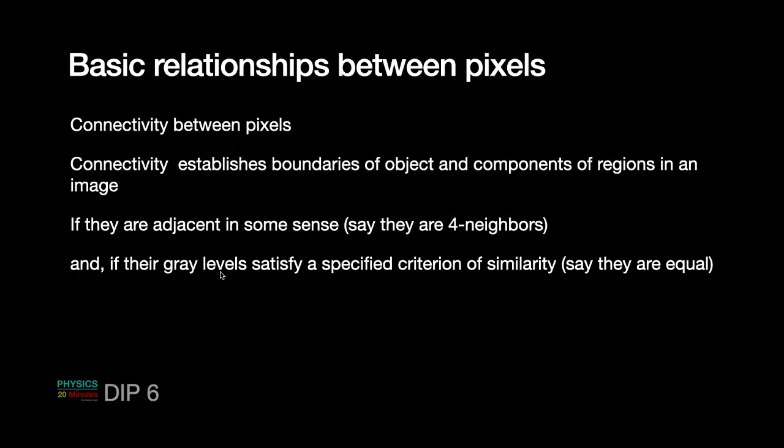That means you would like to figure out two pixels which are adjacent to each other, but they should have the same brightness level, they are equal. So there we will say that they are connected. That means they are the part of the same subset of the image.